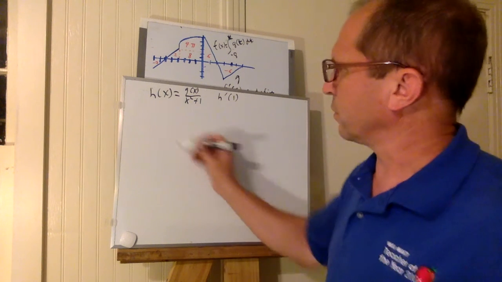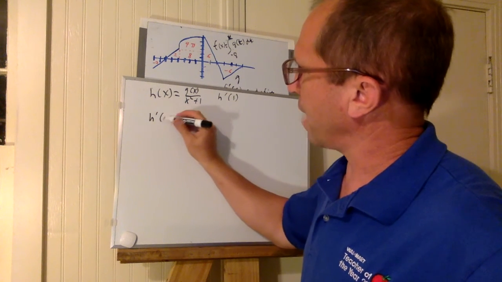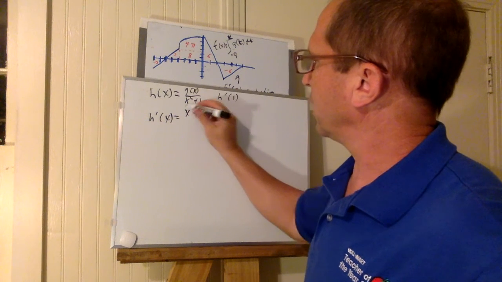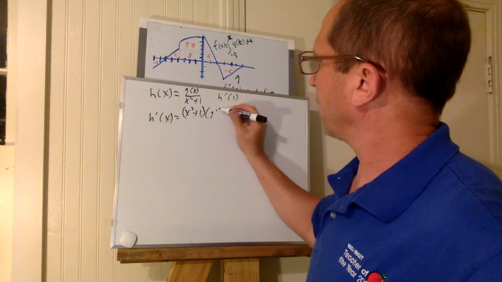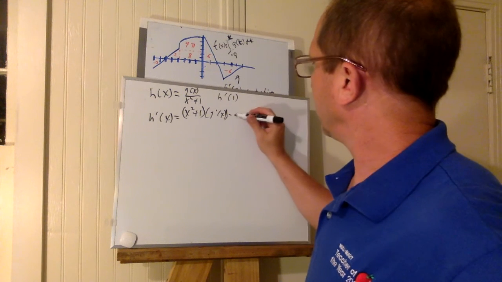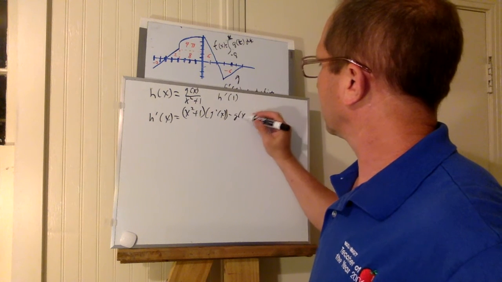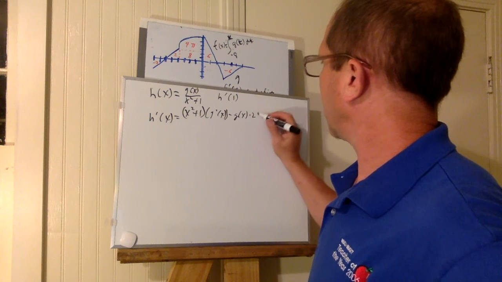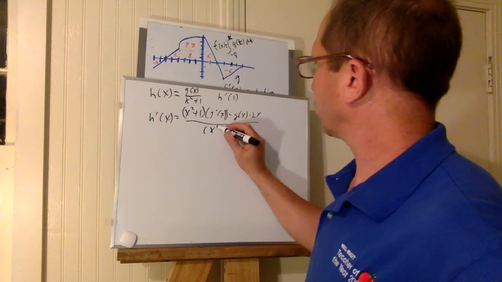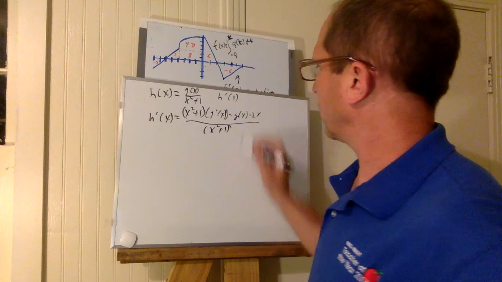This is the quotient rule. So h prime of x is going to equal x squared plus 1 times g prime of x minus g of x times 2x, that's the derivative of the denominator, all over x squared plus 1 quantity squared.